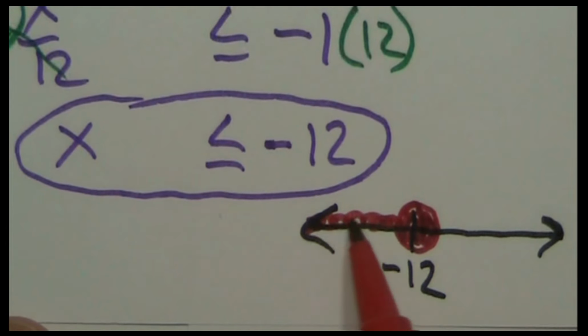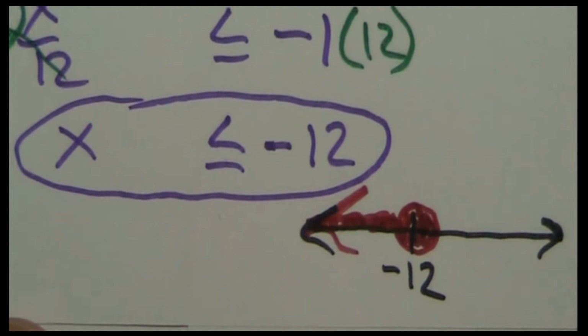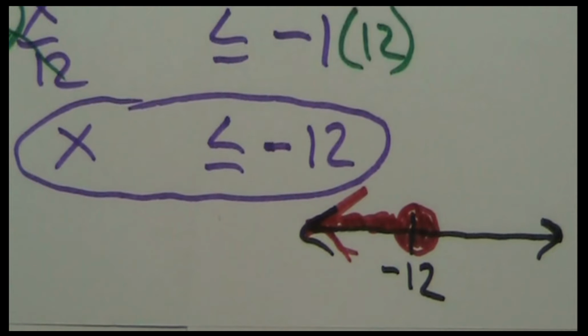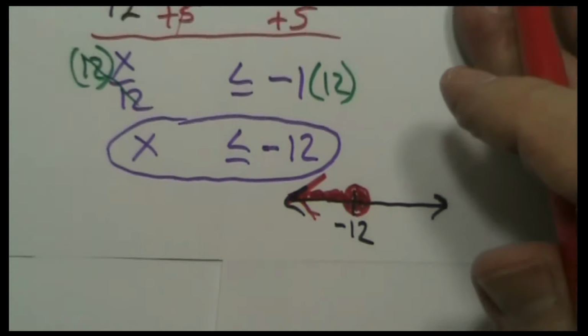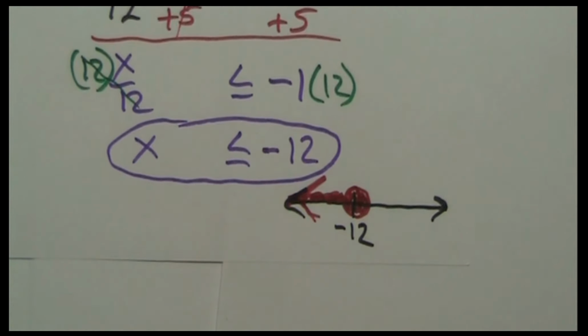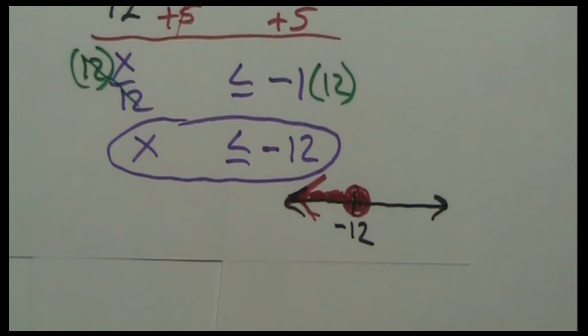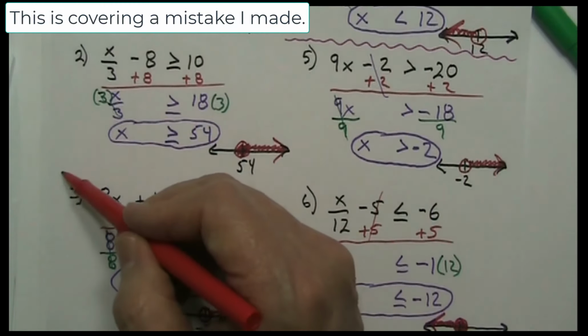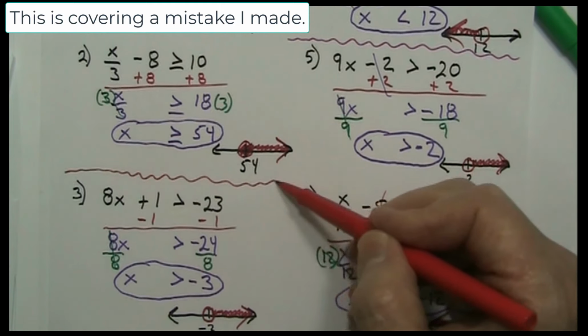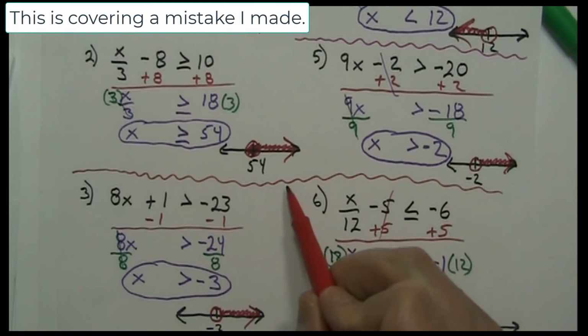All numbers less than or equal to. And so that's what the line graph would look like. And if your problems are really crammed together, just put a line to separate them.